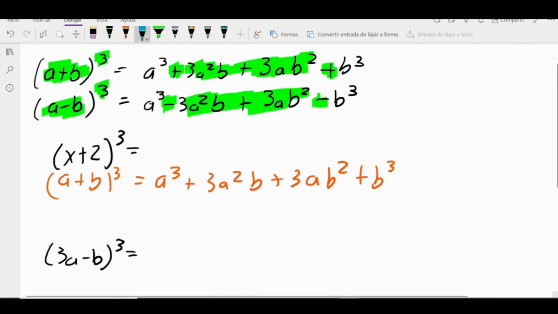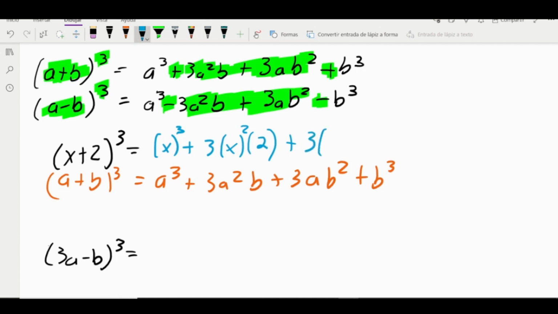Here, a cubed is going to be x cubed, since x is a, plus 3 times x squared times b, which is 2, plus 3 times a, which is x, times b squared, where b is 2, plus b, which is 2, to the cube.